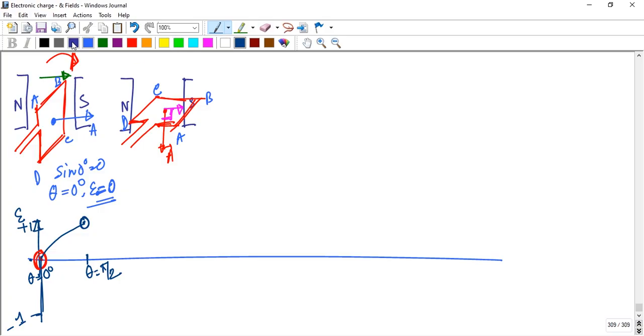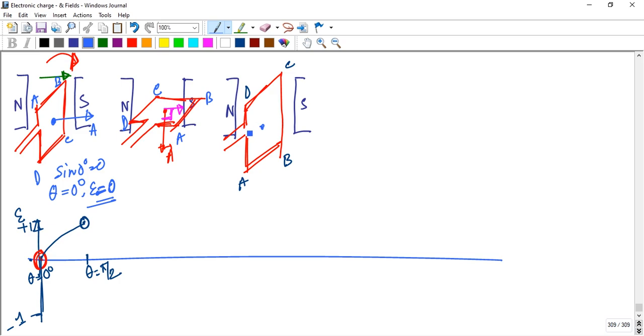Now, as the coil rotates further, there's A, B, and there is C and D. See carefully, the area is on the left side and B is on the right side.